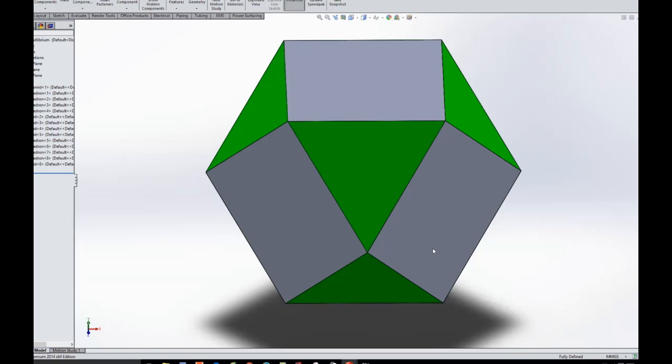Well, you cannot create what Buckminster Fuller calls all space filling with just tetrahedra. You need both octahedra and tetrahedrons to fill all space.